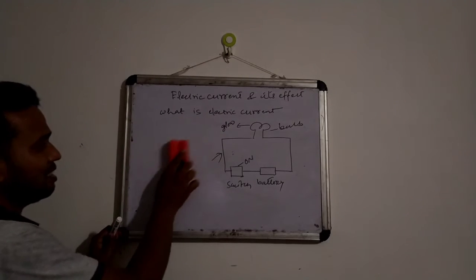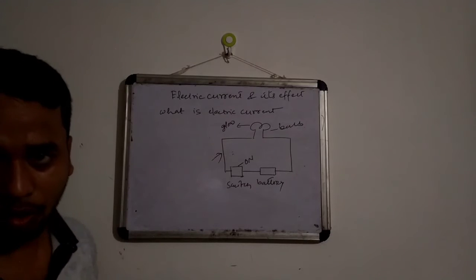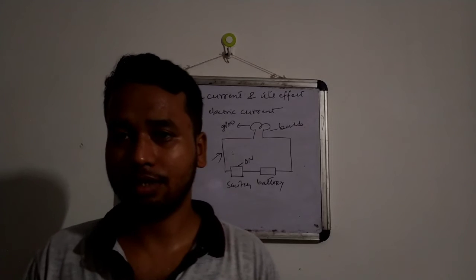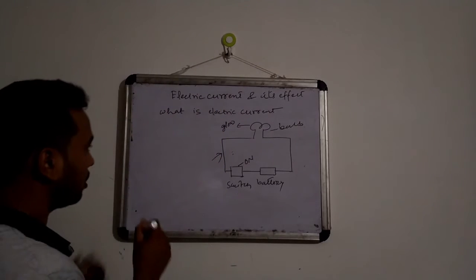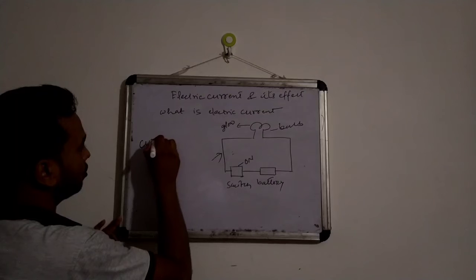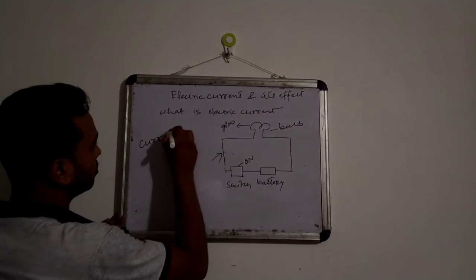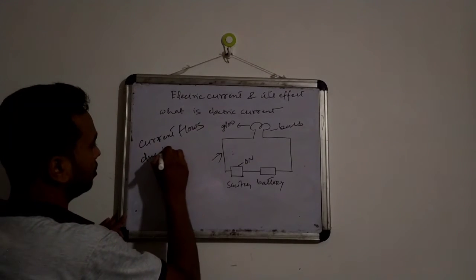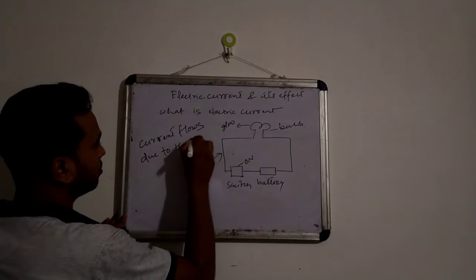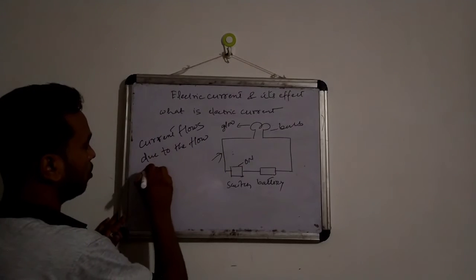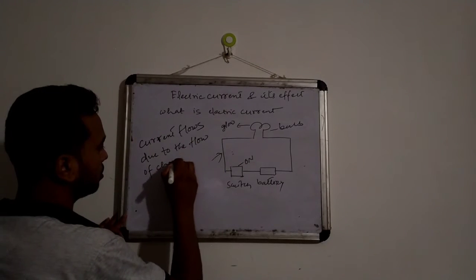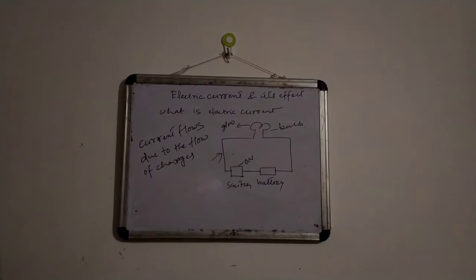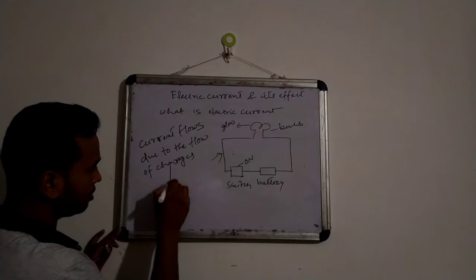Now this electric current is basically generated due to the flow of charges. Current flows due to the flow of charges. Now what is charge?